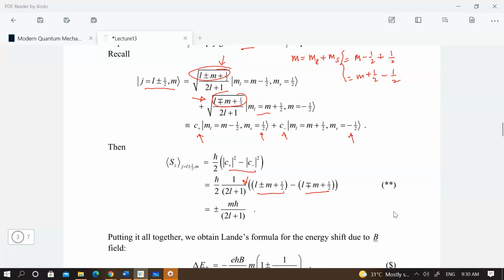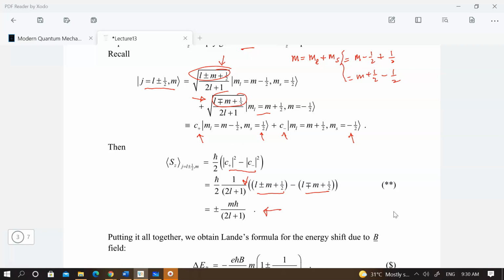So you can combine them algebraically, so that will cancel off your L and your half, but it combines your M together to give you this.